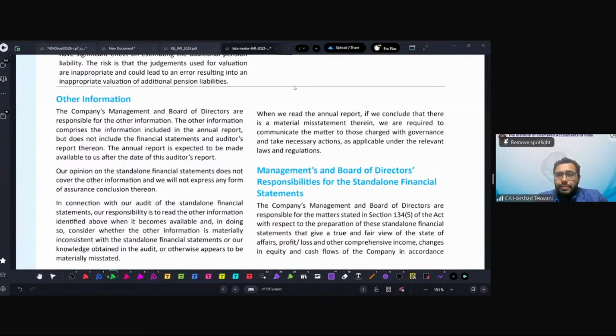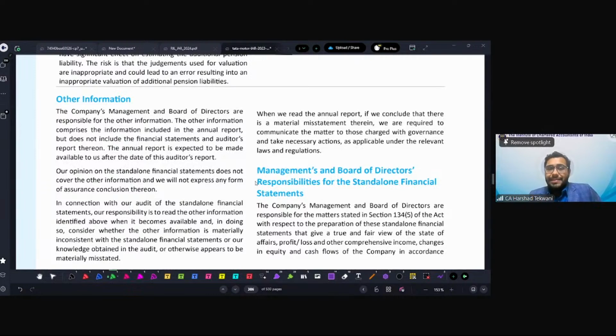Now the question is whether this is the other matter paragraph as per SA 706 or a different one. This is not the other matter paragraph. Understand, this is something different.